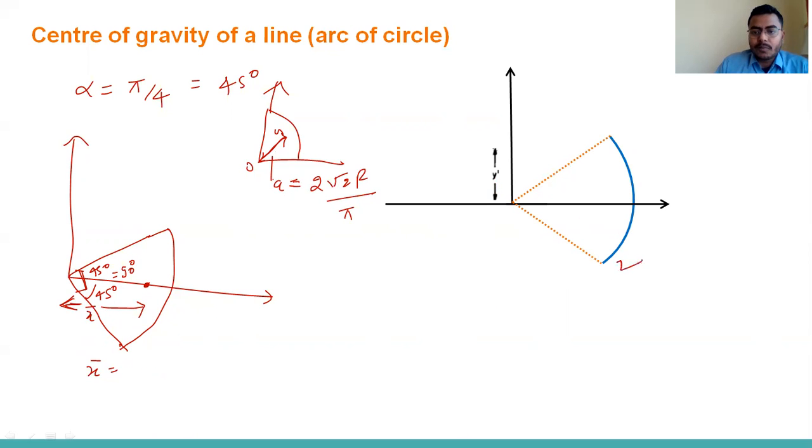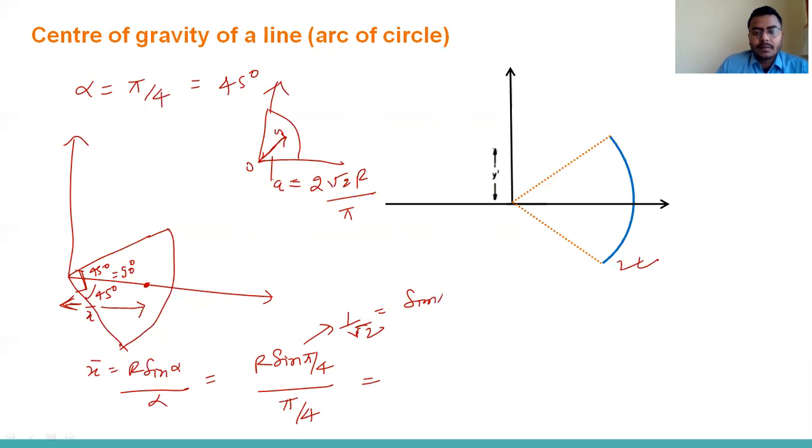Using this formula, we calculated x bar equal to R sine alpha divided by alpha. Put the value of alpha equal to pi by 4. So R sine pi by 4 divided by pi by 4. Sine pi by 4, what is that? It is 1 by root 2. If you don't know all these things, just remember some of the trigonometric relations and their values. So R into 1 by root 2 divided by pi by 4.